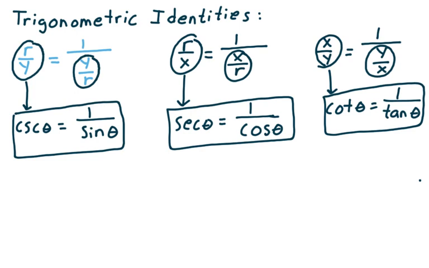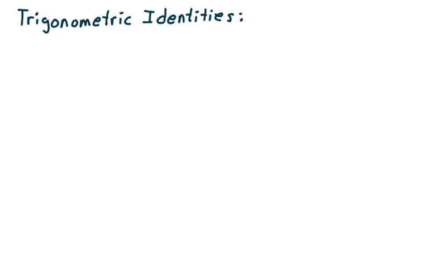Now, this one's pretty neat. So we'll come over here for some more room, as we're going to do more trig identities. If I take y over x, I'm going to divide the numerator and denominator by r.